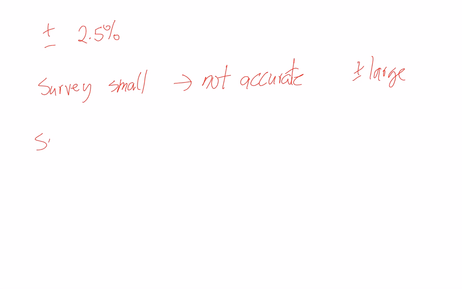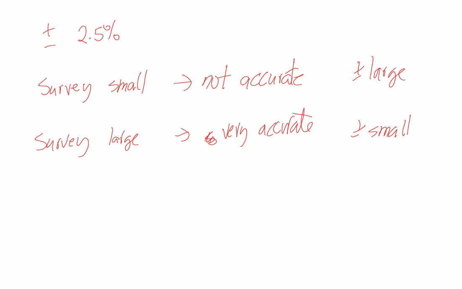If we do a really large survey, so if we surveyed like 300 out of 500 people in a school, we'll typically get a really small percent. So our plus or minus will be really small, and we typically would say it is very accurate.